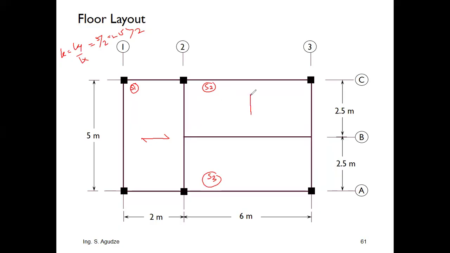And this line must be in line with the shorter span, because slab panel 2 and slab panel 3 are the same. So you have to identify the slabs and do this drawing within. Any question here? That's the most basic way.